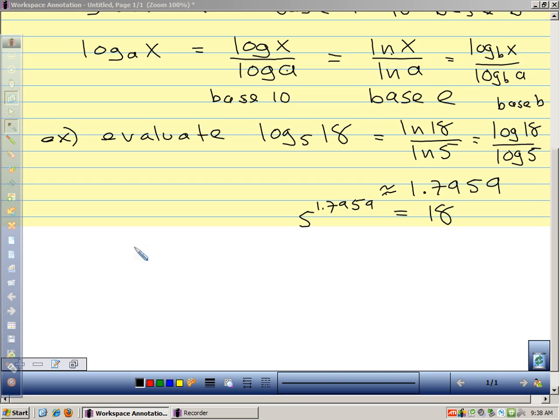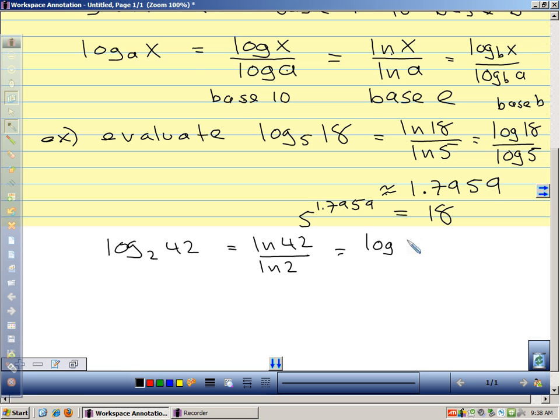So log base 2 of 42. This is going to be the natural log of 42 divided by the natural log of 2. And that's going to be the same as the log base 10 of 42 over the log base 10 of 2.